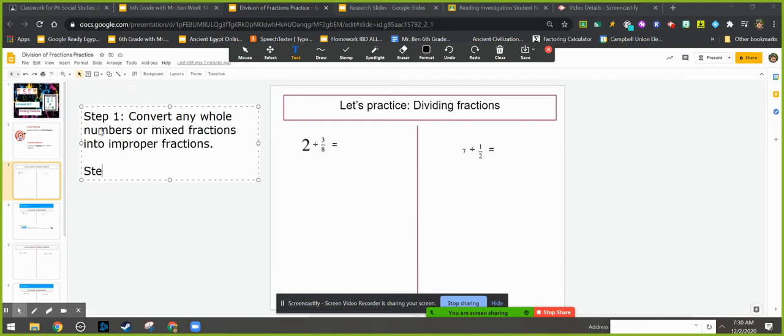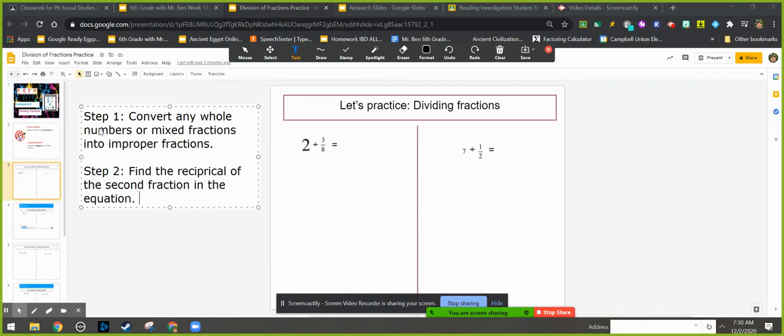We need to make sure we do that. Our step two is we need to find the reciprocal of the second fraction in the equation.